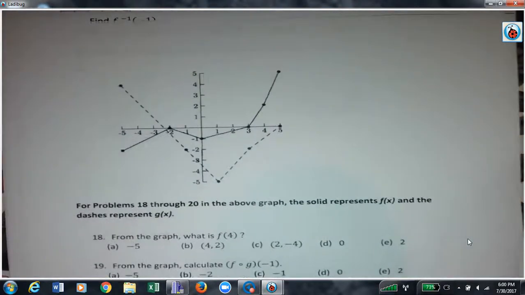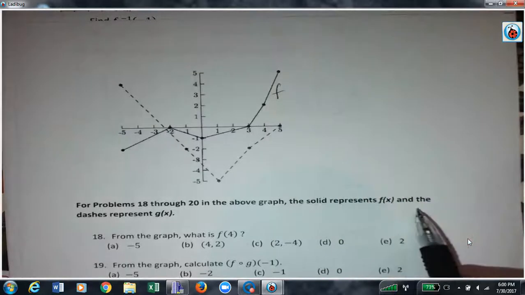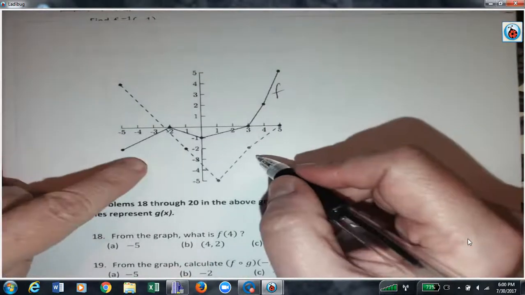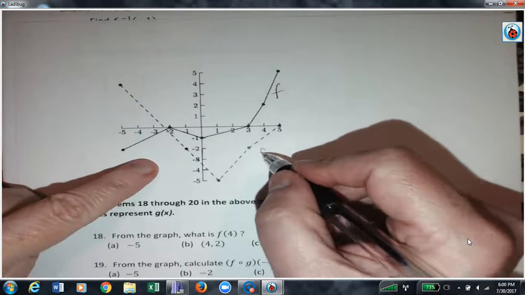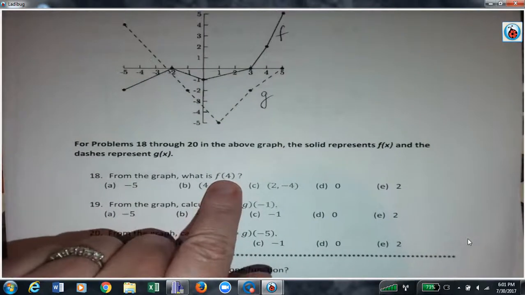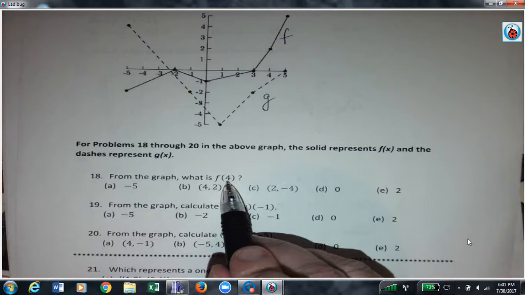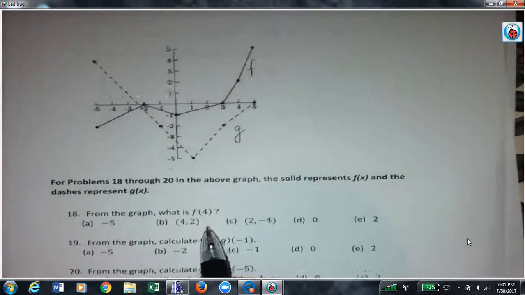All right, so the solid represents f, and the dashed represents the function g. Okay. So what is f evaluated at 4? The number inside the parentheses is the x value, the x coordinate.